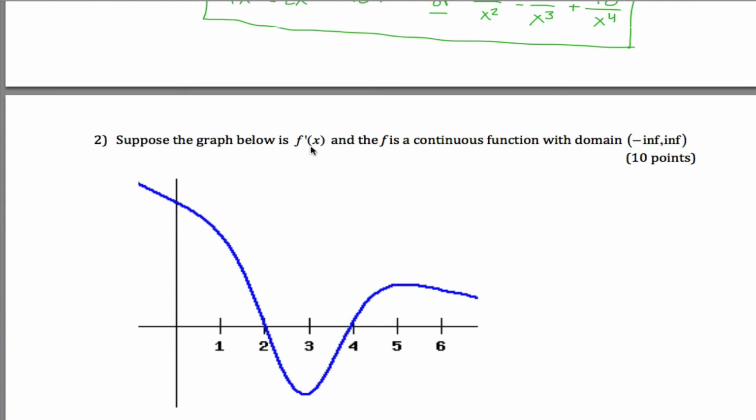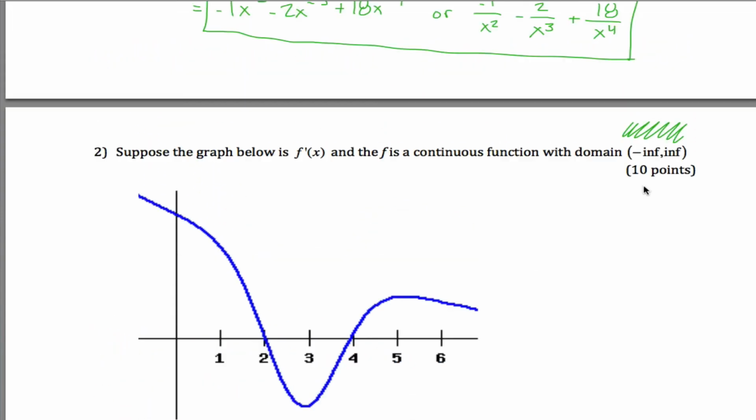Suppose the graph below is the derivative, and f is a continuous function with its domain as negative infinity to infinity. Okay, so let me try this again. What I want to do is change this question. So I'm going to give you a graph that looks like this. It's going to have open circles here and here. This x value is 7.